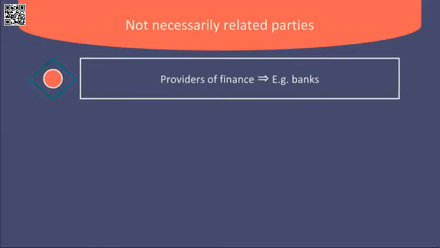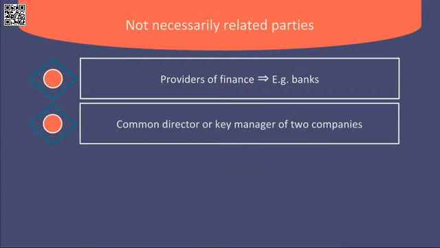It is worth noting the following are not deemed as related parties unless, of course, they satisfy the criteria. These include providers of finance, so a bank, once it doesn't control or jointly control the company. Also, if two companies or more have a common director or key manager, the companies aren't necessarily related parties.